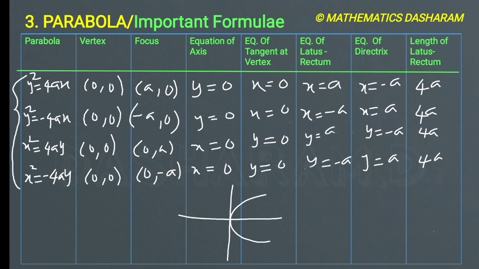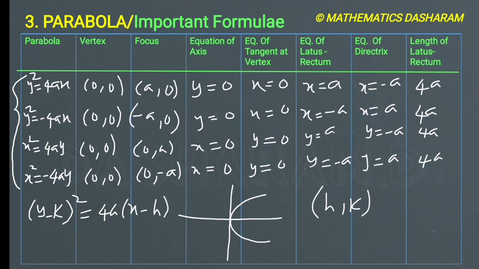But if the parabola is not passing through the origin, then the standard form of the first parabola is y minus k whole square equals to 4a times x minus h. This is the standard form of a parabola which passes through h comma k, that means not origin. So in this case we can write the vertex as h comma k, focus, equation of axis.